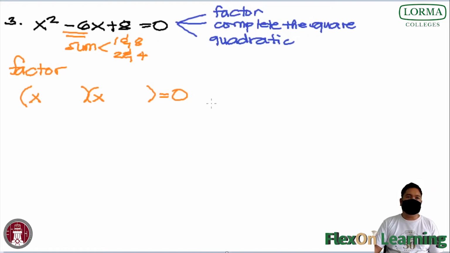So 1 plus 8 is 9, so that's not equal to 6. 2 plus 4 is equal to 6. So we're gonna use 2 and 4. Correct? Then just assign the negative, follow the negative. So we have successfully factored our expression. Then we have what we call the zero factor theorem.